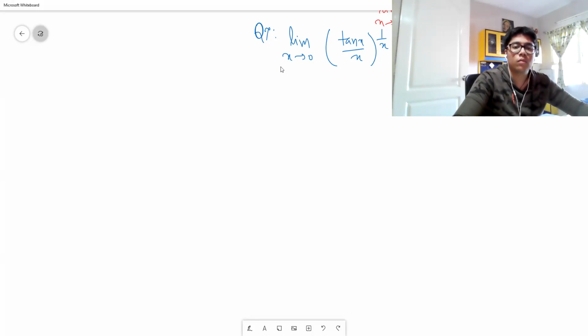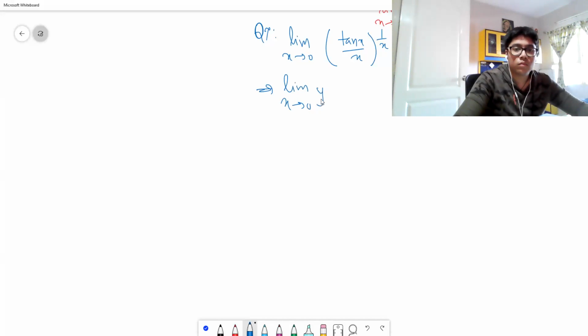Limit log y as x tends to 0 is equal to limit x tends to 0 log, no, sorry.